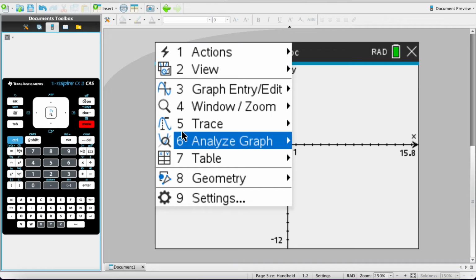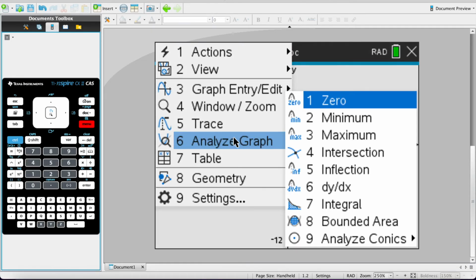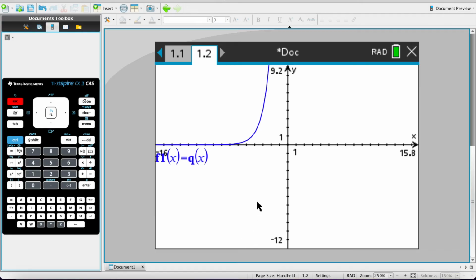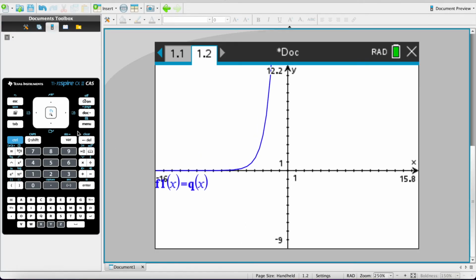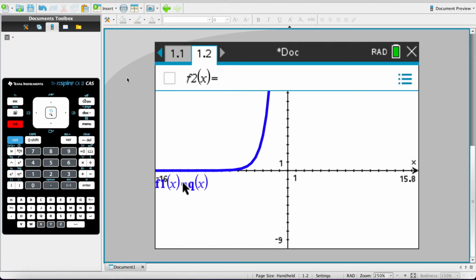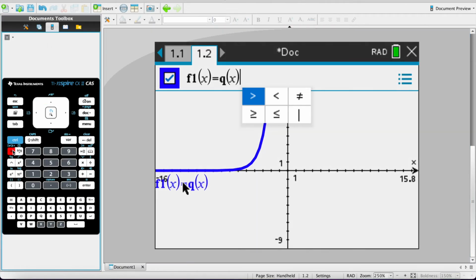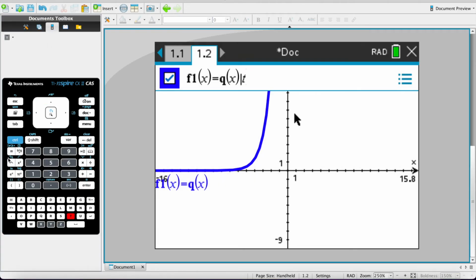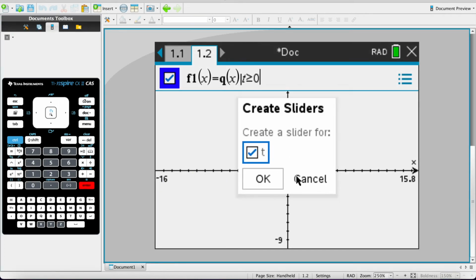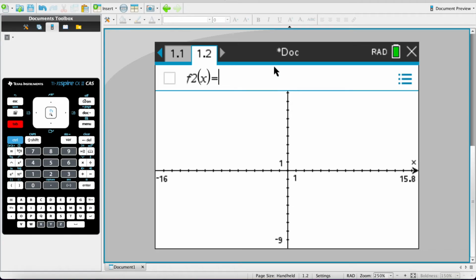Does this start at 0? Ah, it does, okay. So what I'll do is I'll go t is greater than 0 in here. Sorry, x.